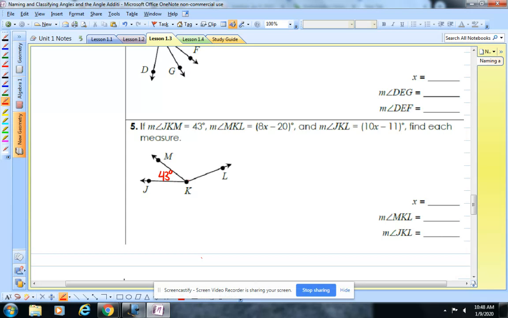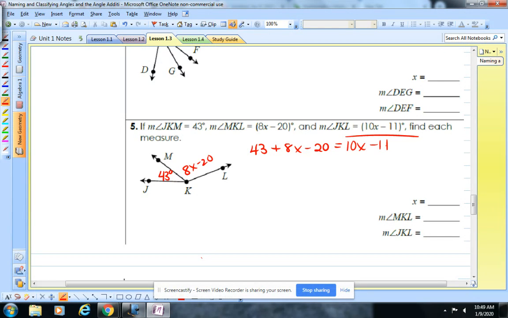And then MKL is the other little one, 8x minus 20, and together they make JKL, which is 10x minus 11. So 43 plus 8x minus 20 equals 10x minus 11.